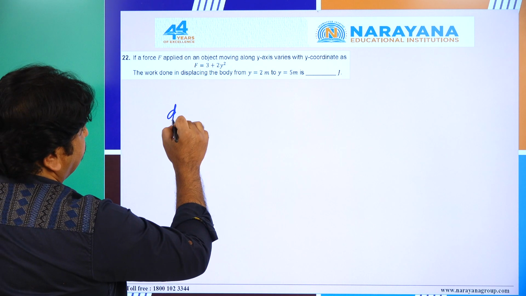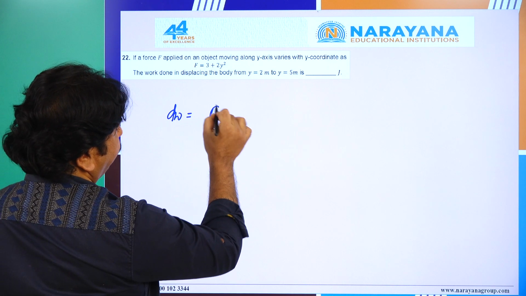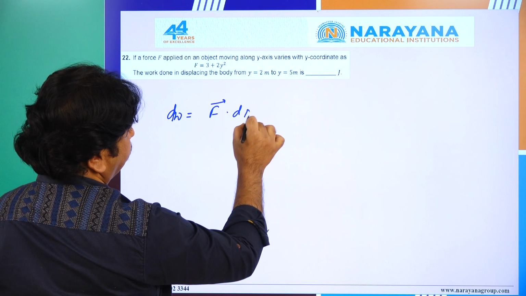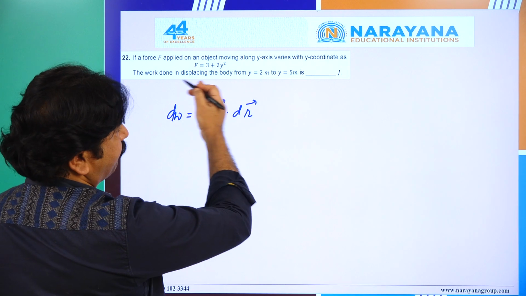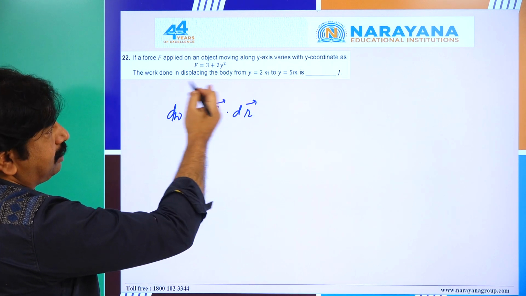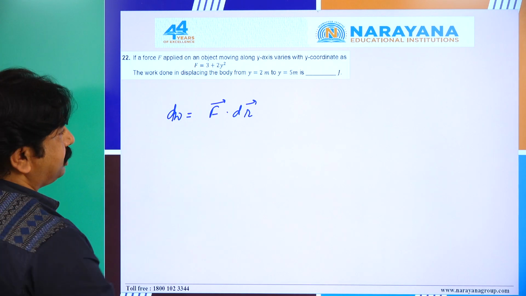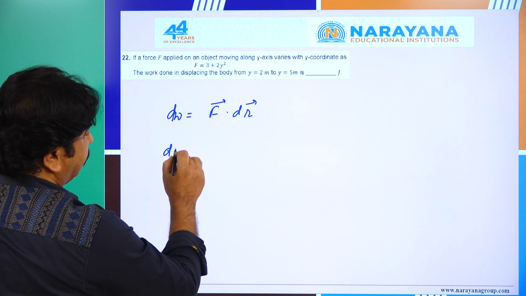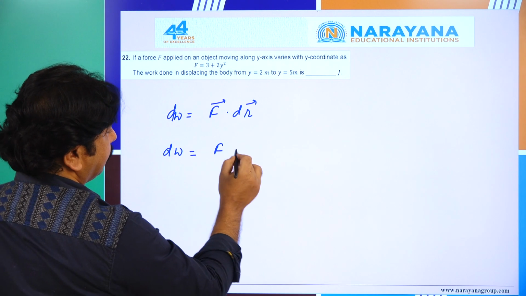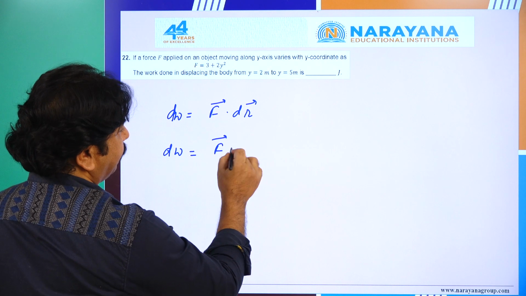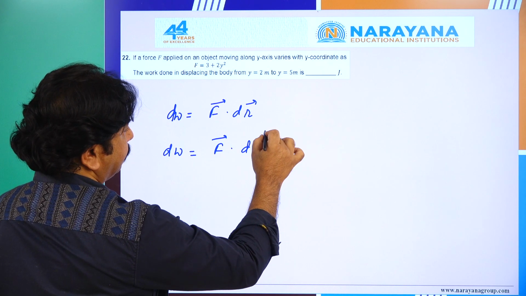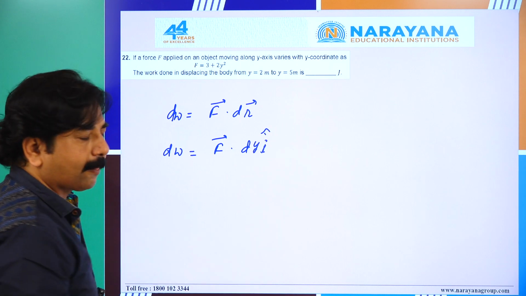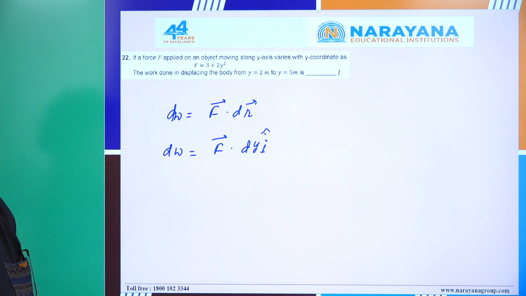The small work done dW is force into displacement. Here it is moving only along the y direction, so directly we can write dW is equal to F bar into dy j cap.